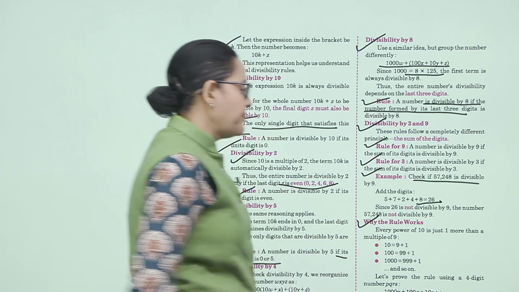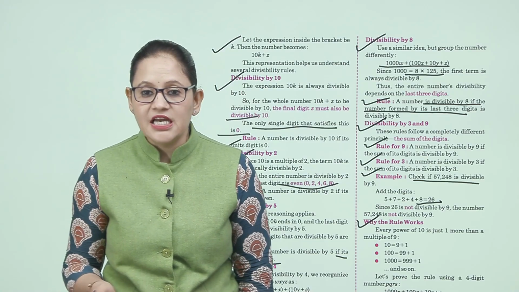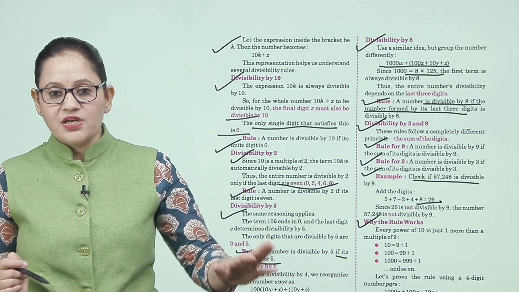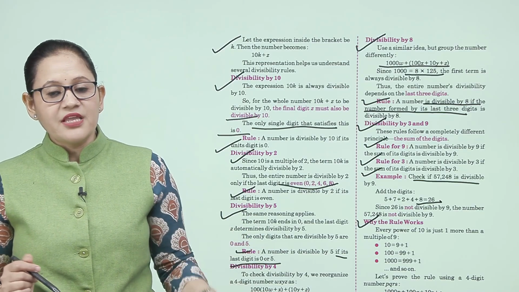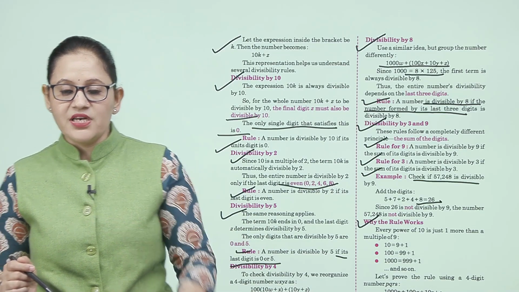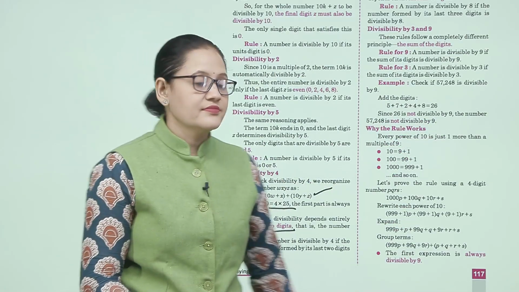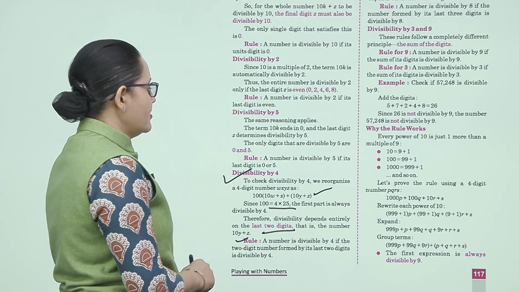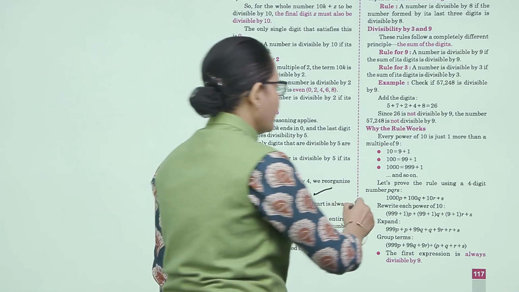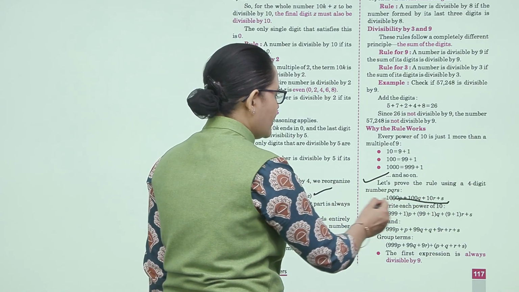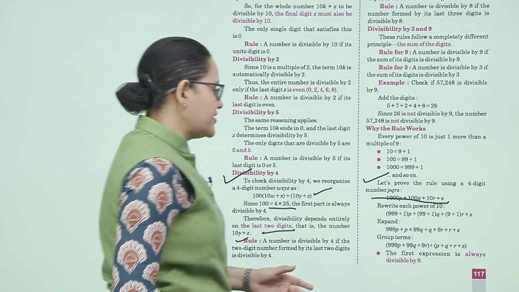Why does the rule work? Every power of 10 is just 1 more than a multiple of 9. 10 is 9 plus 1, 100 is 99 plus 1, 1000 is 999 plus 1, and so on. Now, let us prove the rule using a 4-digit number. Rewrite each power of 10.